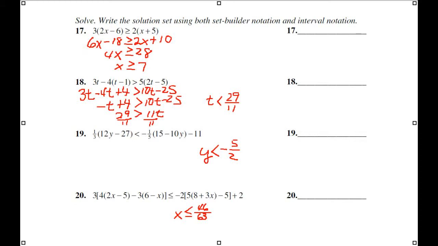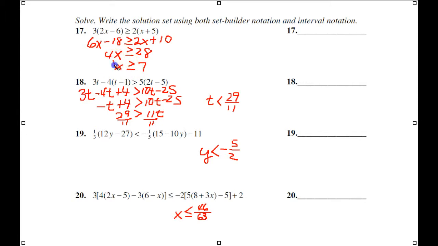So, as we continue, we see we have distributed this, and I'm trying to keep my variable positive so that when I divided by 4 here, I didn't have to reverse the sign.